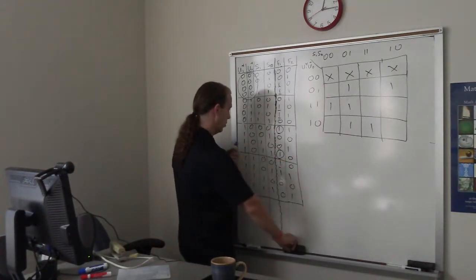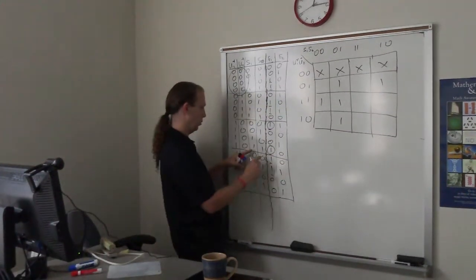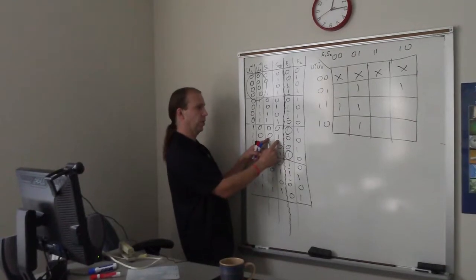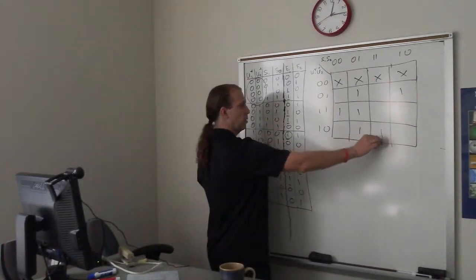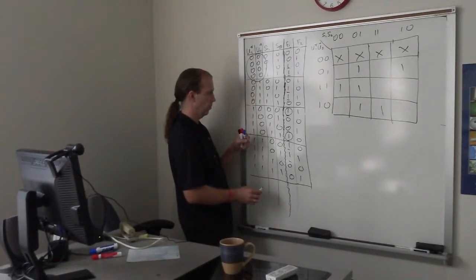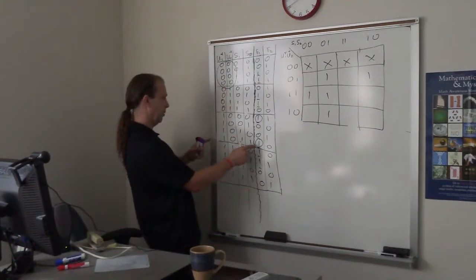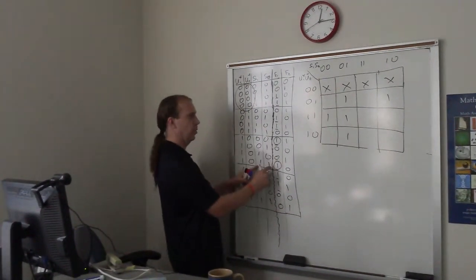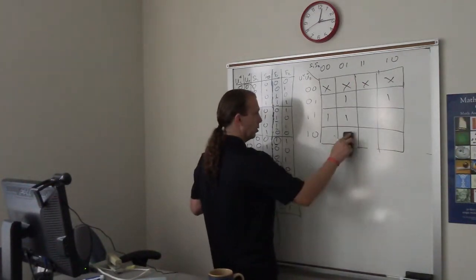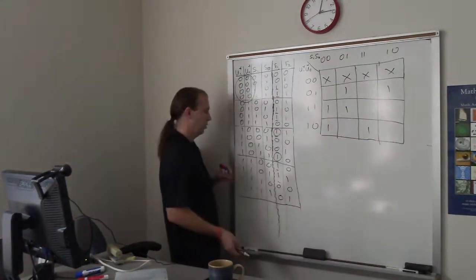Yeah, you're right. Combination will be 1, 1 and 0, 1. So why would it be 0? No, you're right. I'm sorry. It's a mess. So 1, 1, it will be 0, 0, 1, 1. Right, thank you.